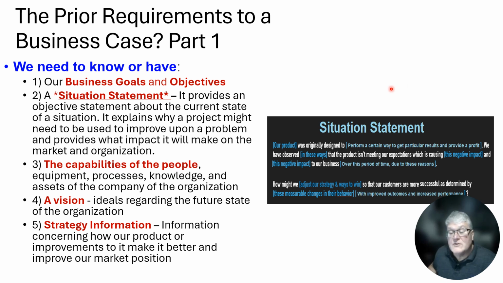How we might adjust our strategies and ways to win or be competitive so that our customers are more successful is determined by measuring these changes in our behavior or the product we provide, with improved outcomes and performance. So that's a quick and ugly example.